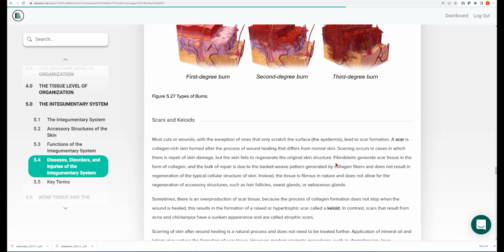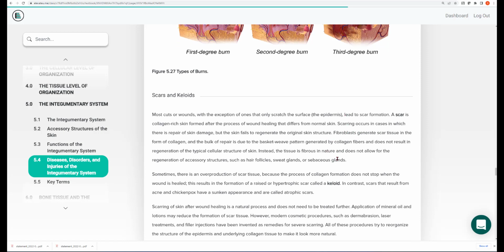Sometimes that scarring process becomes overzealous, and overproduction of scar tissue is called a keloid. A keloid is where you get a raised scar or a hypertrophic scar, and it's just a much, much thicker looking scar.